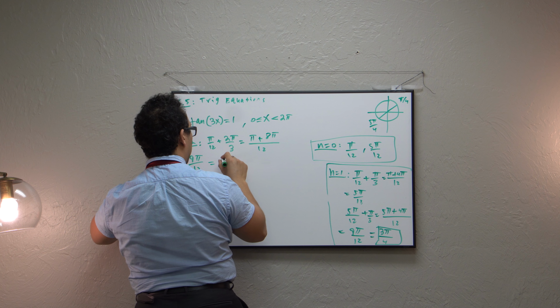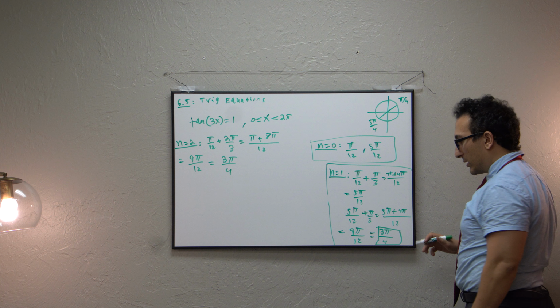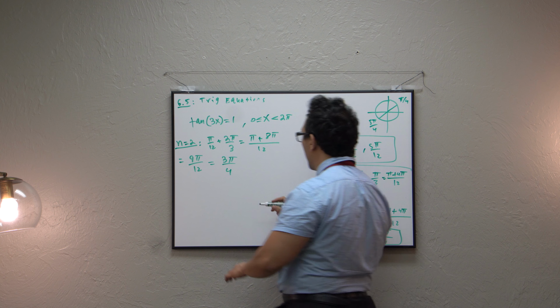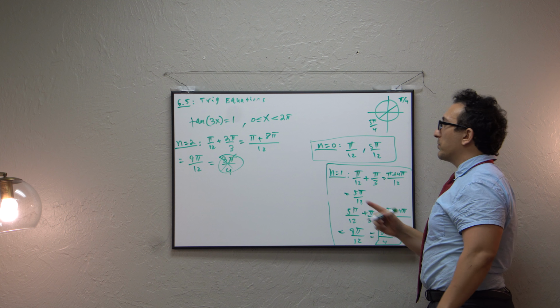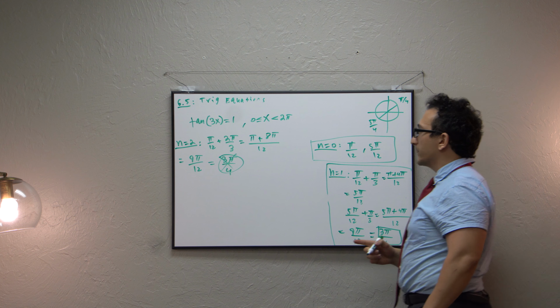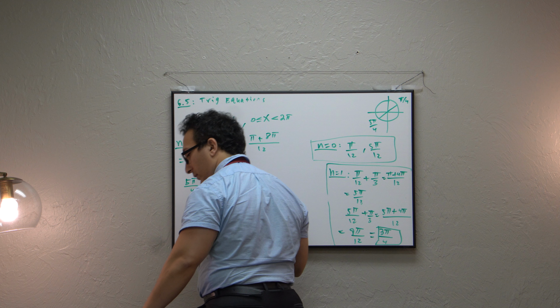This again equals 3 pi over 4, which is a redundant value. We had 3 pi over 4 already, so we don't care for this value. But when we plug n equals 2 into the other equation, we're going to have 5 pi over 12.